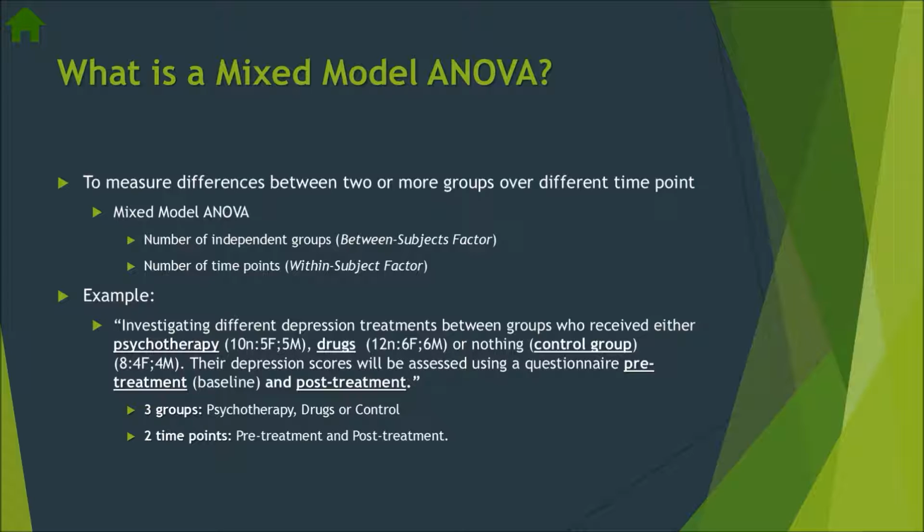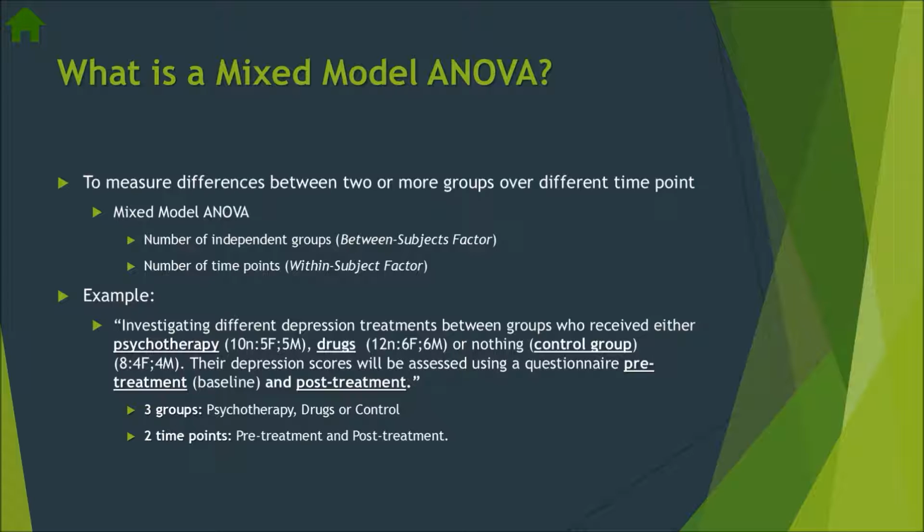For this lecture, I'll be using different depression treatments on patient-rated depression scores as an example. In the example, there are three different types of treatments, which are psychotherapy, drugs, and a control group. The depression scores will be rated at pre-treatment, so a baseline, and then post-treatment.